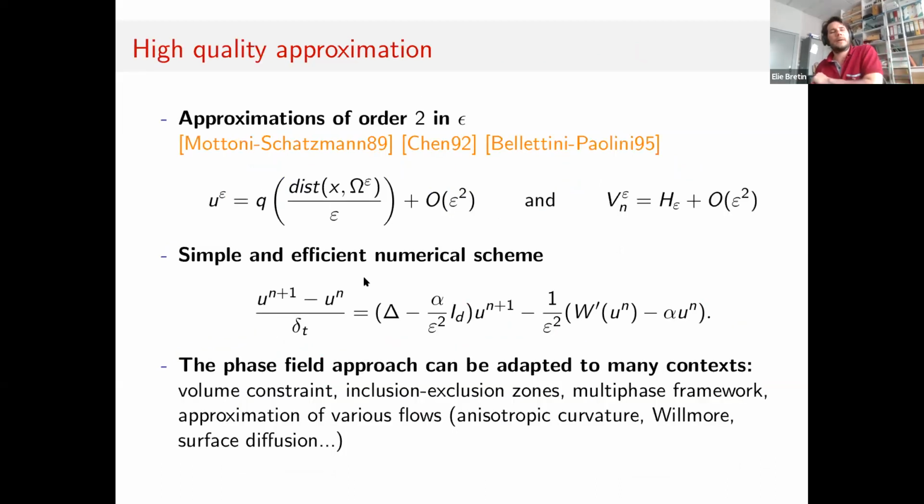More precisely, we have a result about this approximation, which is of order 2 in epsilon, which means that u epsilon can be identified by asymptotic expansion to a profile q, which depends on the double well potential applied to the distance to a set omega epsilon over epsilon, plus an error in epsilon square, where the set omega epsilon evolves in time following an approximation of the mean curvature with an error in epsilon square.